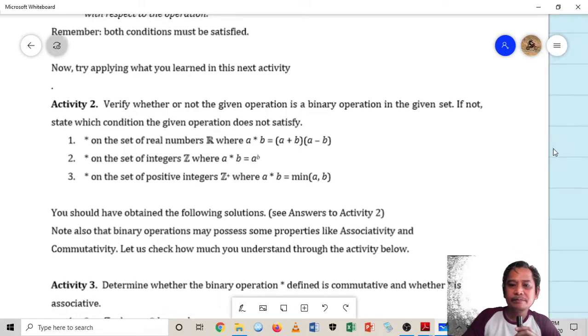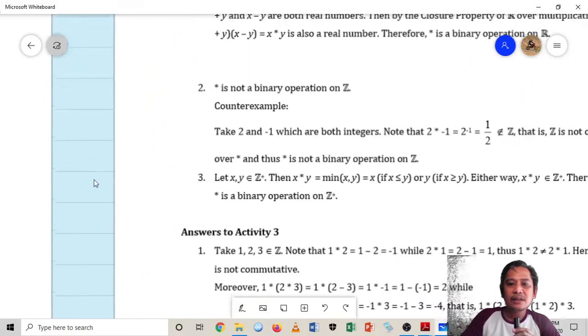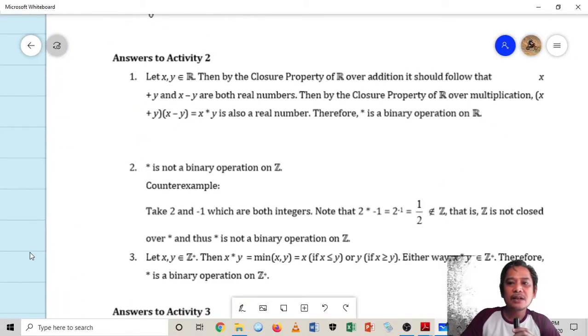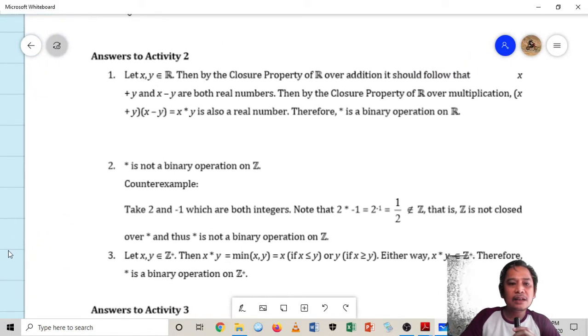Okay? Now, the answers are discussed in detail in the next page.